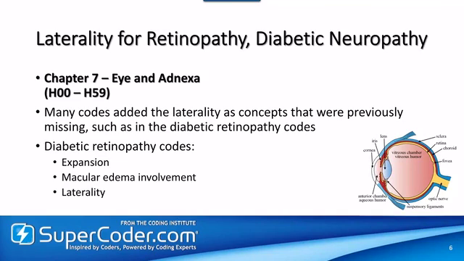We don't want the provider to only be able to select unspecified when there are lots more codes that have been added for the provider to select from in order to gain that additional level of specificity and choose the proper code. So just something to think about and be aware of. It's a large area.